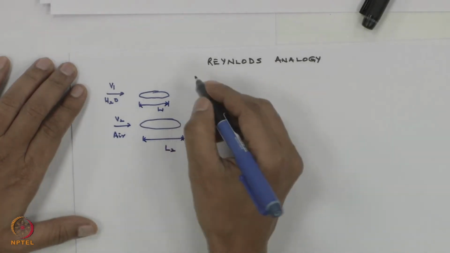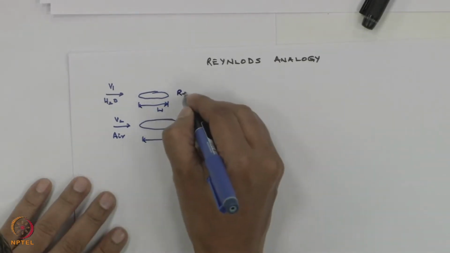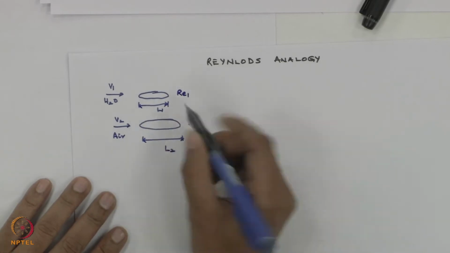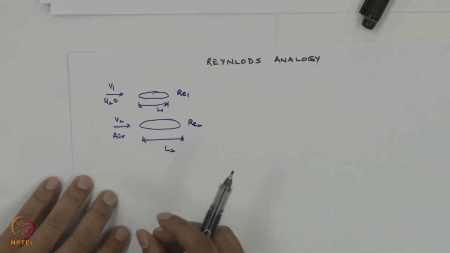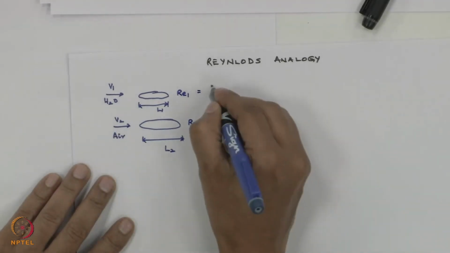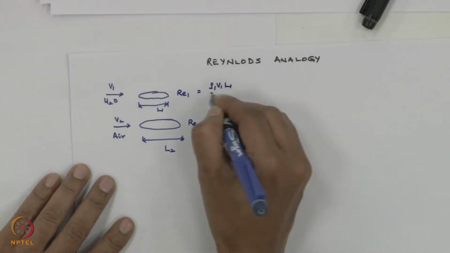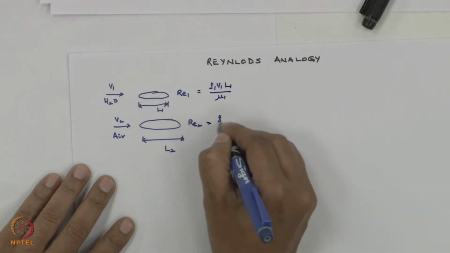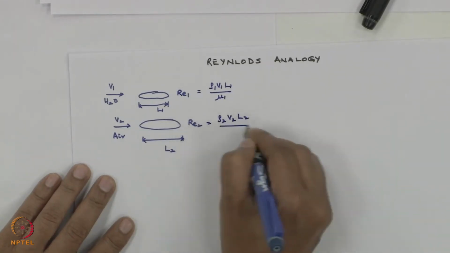So you get Re1 and Re2: ρ1 V1 L1 by μ1, and ρ2 V2 L2 by μ2.